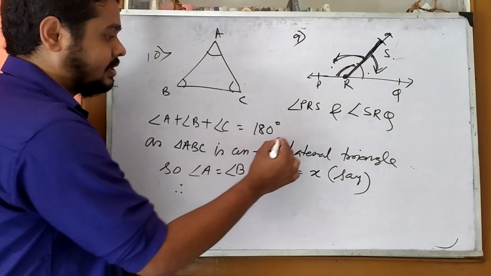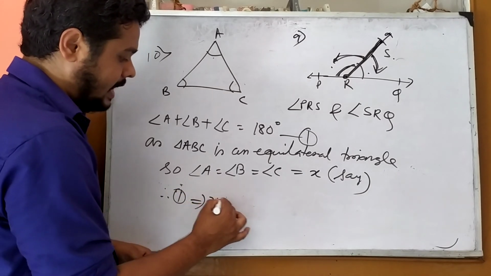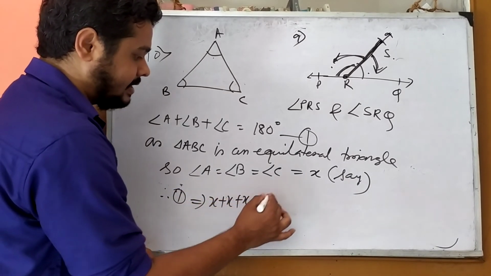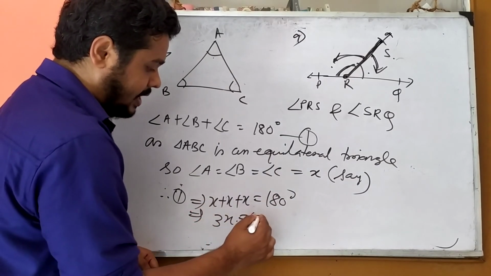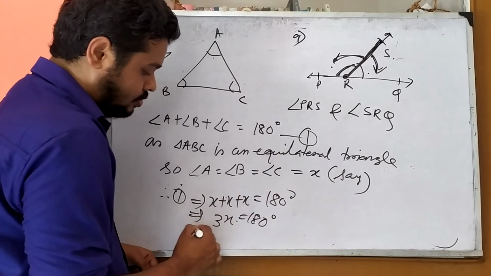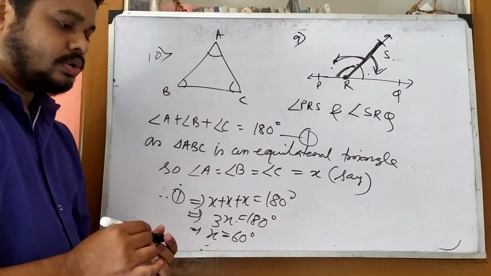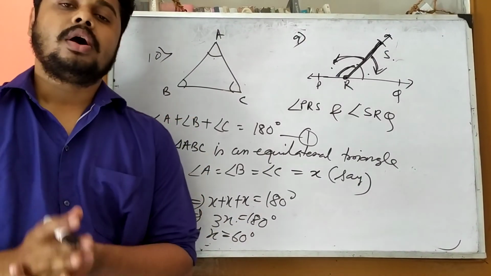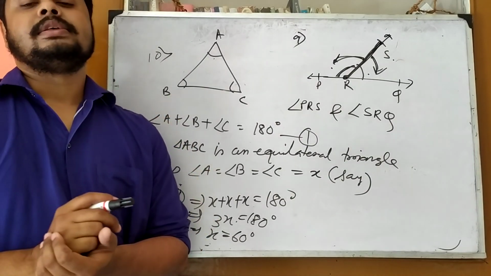Therefore we can write x plus x plus x equals 180 degrees. So 3x equals 180 degrees, so x equals 60 degrees. Clear? So we can say all the angles of an equilateral triangle are 60 degrees.